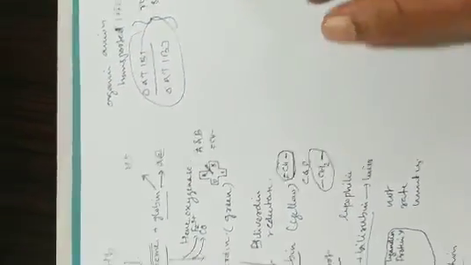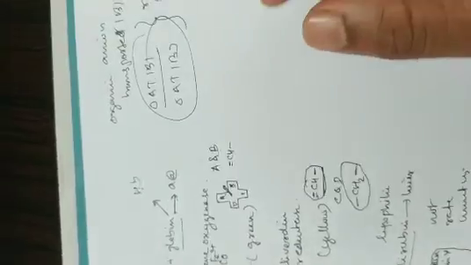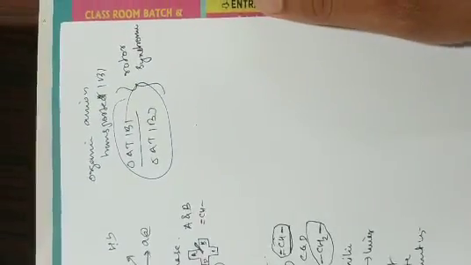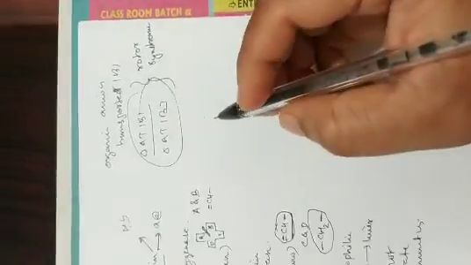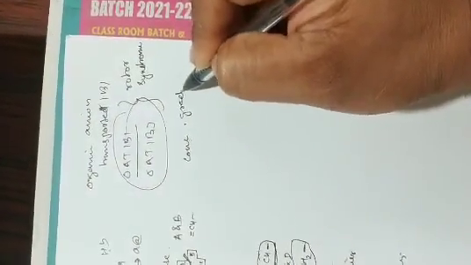Then while we have told this bilirubin diglucuronide or the conjugated form of bilirubin is excreted into the bile canaliculi. This is against the concentration gradient.